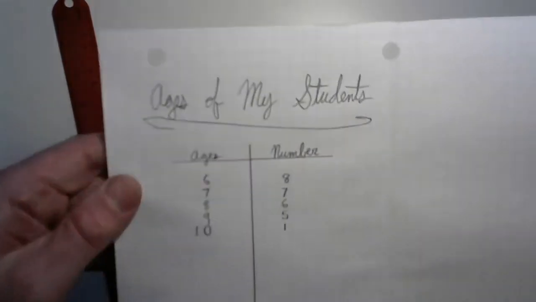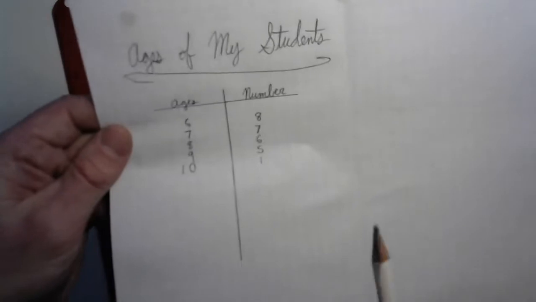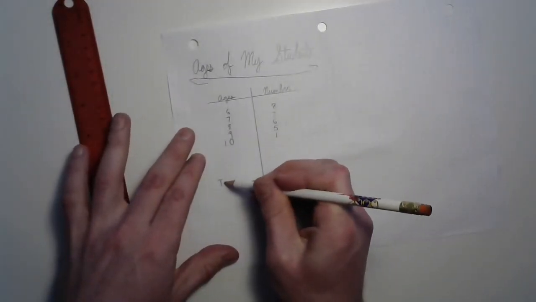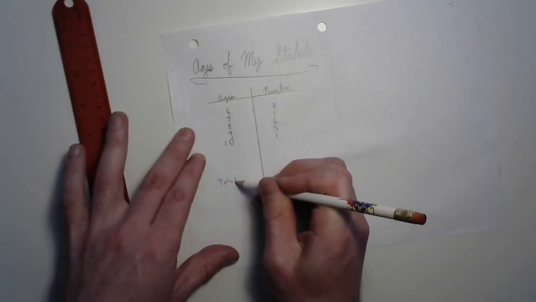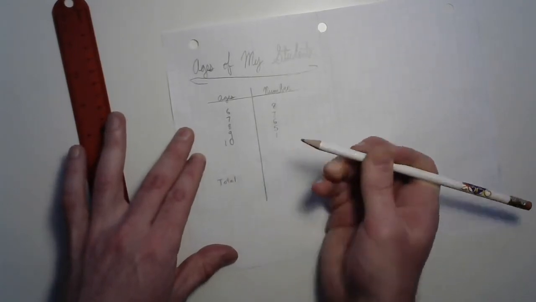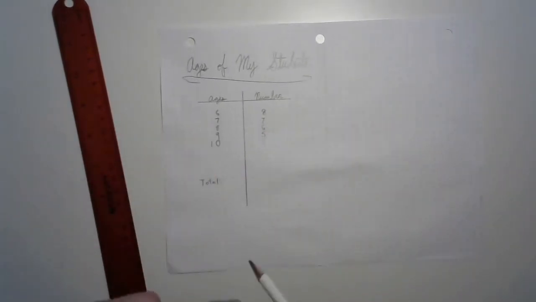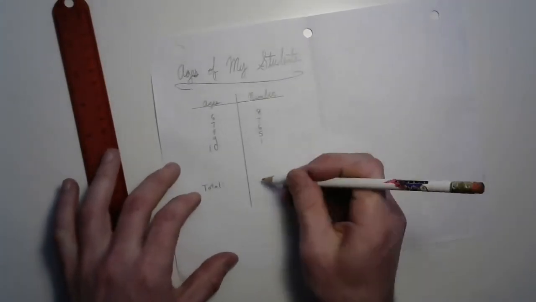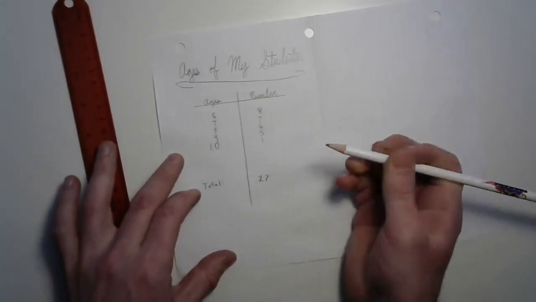Pretty cool. But where we need to go a little further is we need to know the total as well. That is extremely important. The total number of students that we have. And how many is that? Can you add that up for me? 27 students in this class.